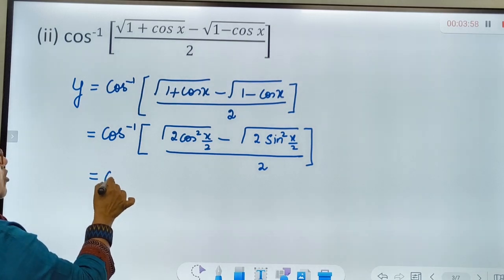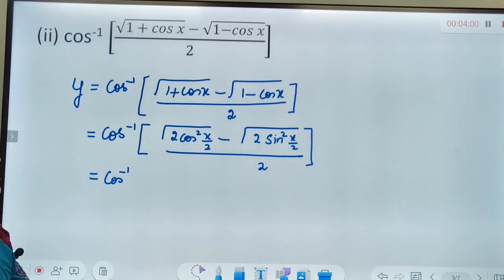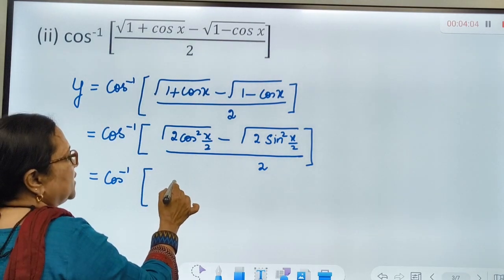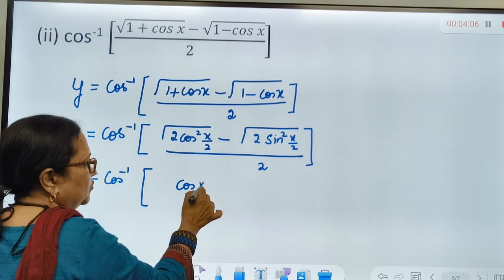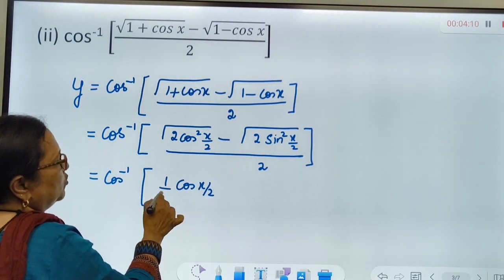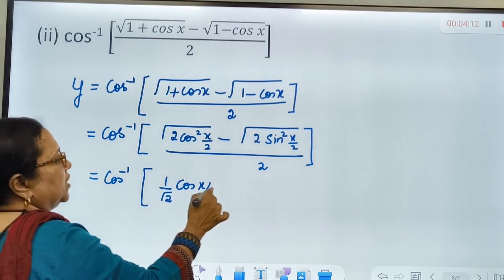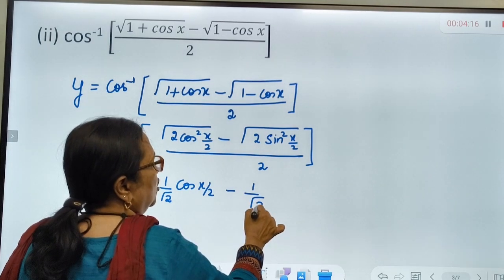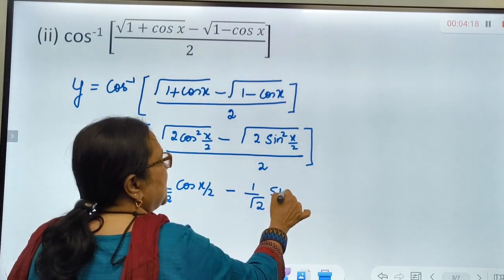This is cos inverse. Okay, now root of cos square x by 2 is cos x by 2. Now root 2 by 2 is 1 by root 2, minus root 2 by 2 is 1 by root 2. Root of sin square x by 2 is sin x by 2.